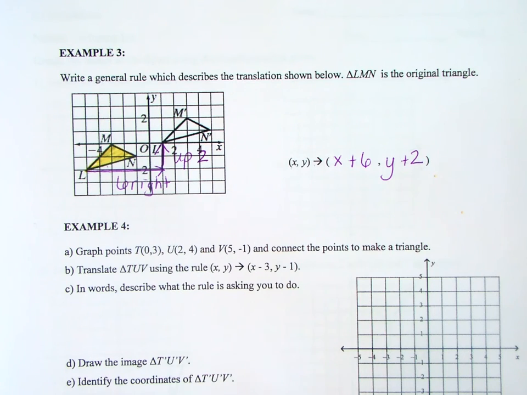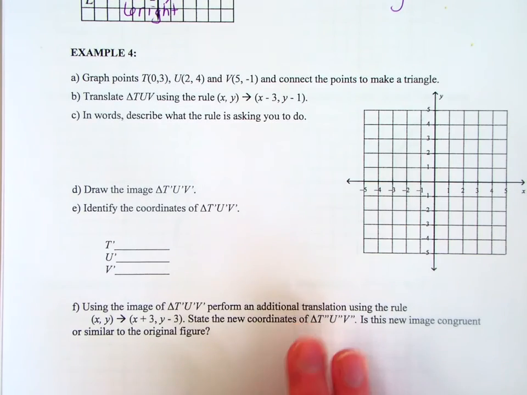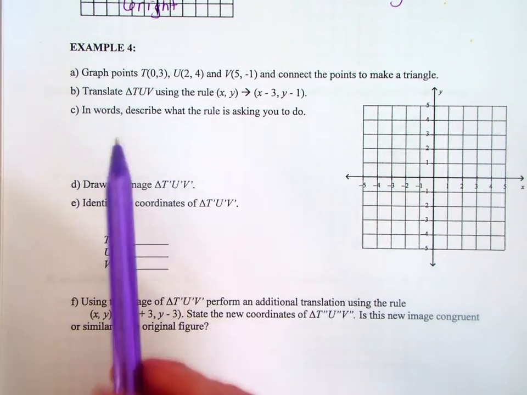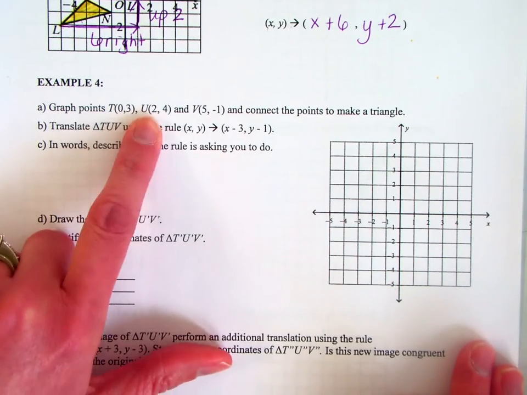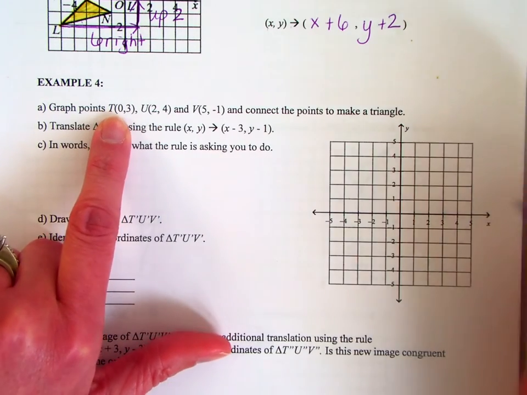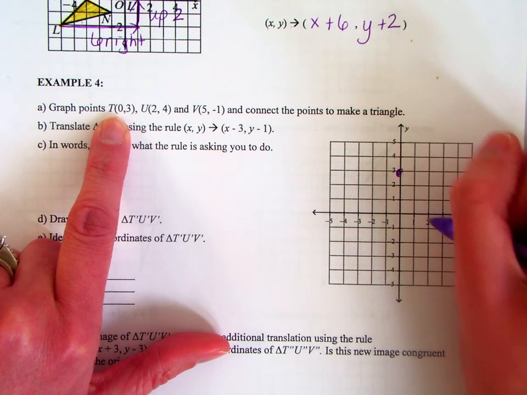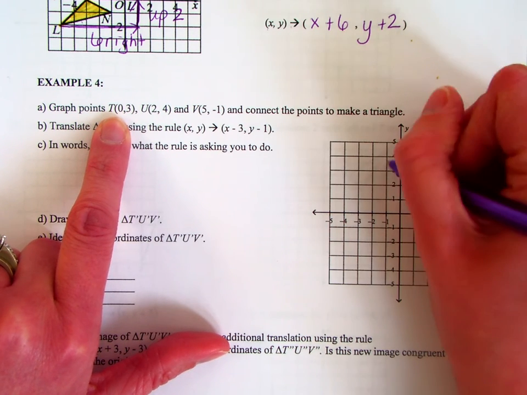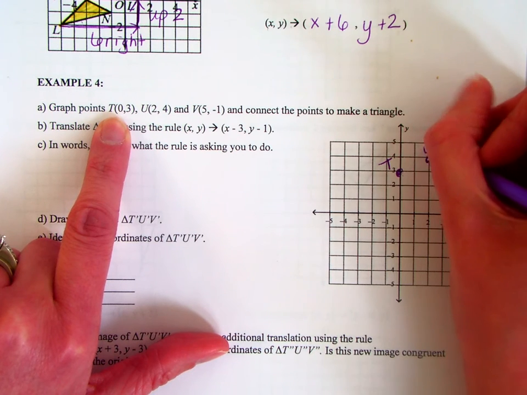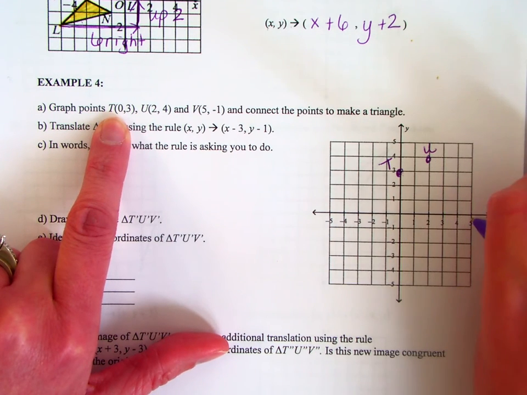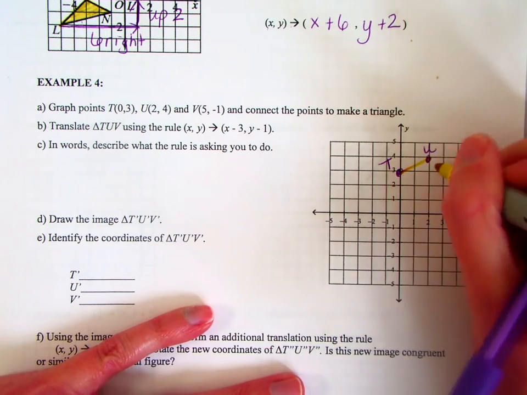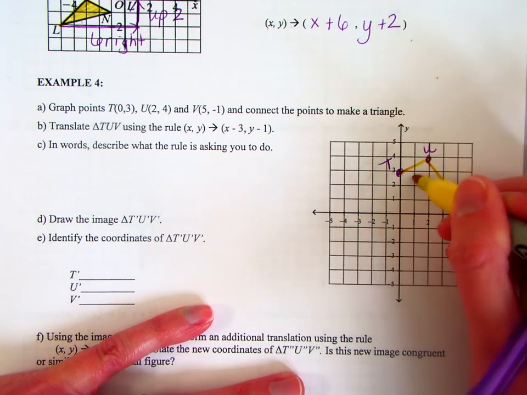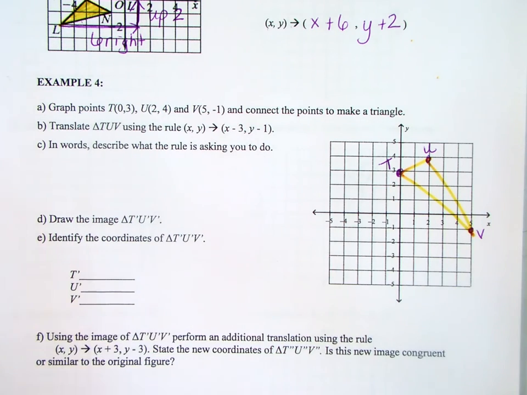All right, last example together. We're going to graph the points and make a triangle. So let's start with our T, U, and V here. We got T at 0, 3, U at 2, 4, and V is 5, negative 1. So we're going to connect those and make a triangle. And then we're going to translate this using this rule.